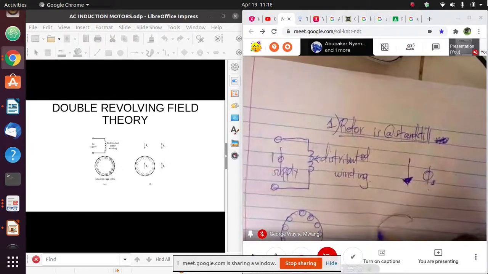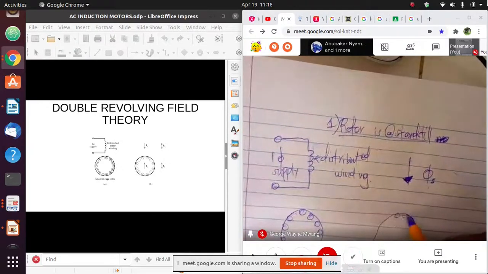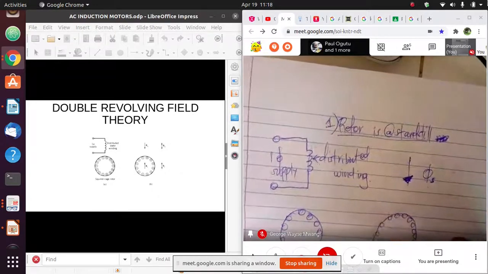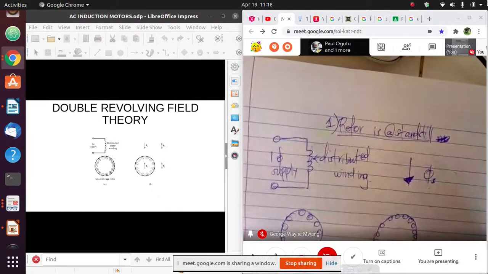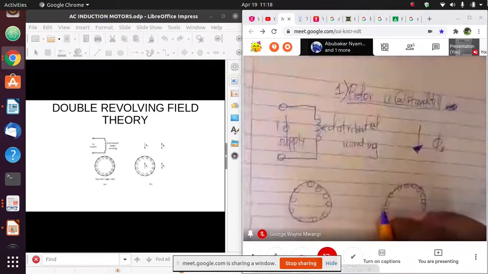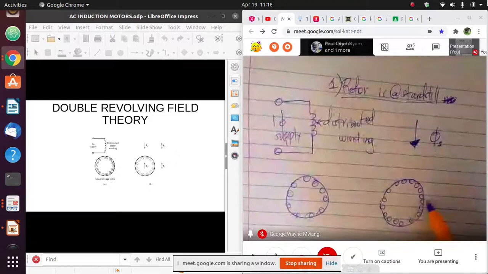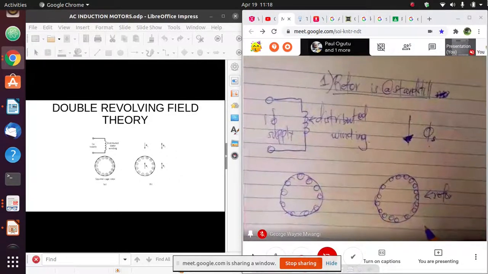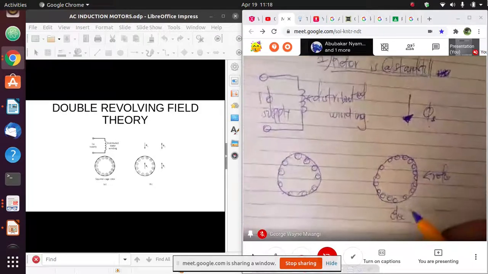Now this is just the rotor. So this pulsating flux will induce current into this rotor, because we are talking about electromagnetic induction.